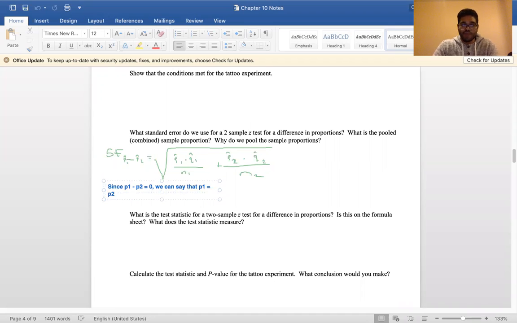Just move stuff around: if I add P2 to both sides, I get P1 equals P2, meaning that the parameter is the same. Since that's true, we can combine the parameter, and we need a way to combine statistics. That's going to lead into what this pooled thing is.